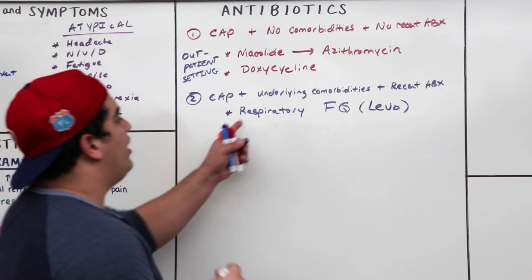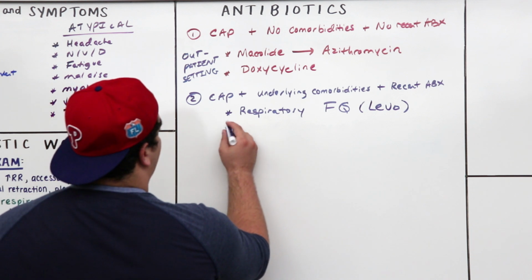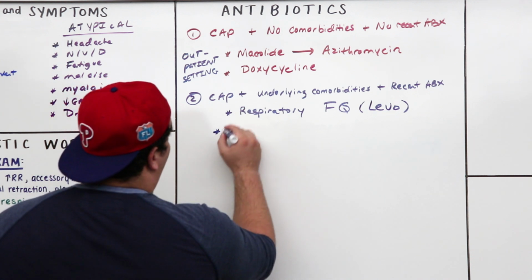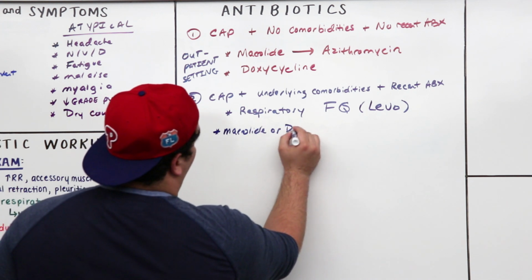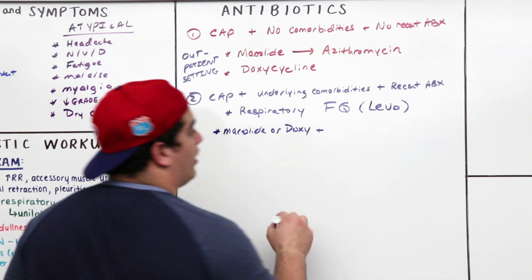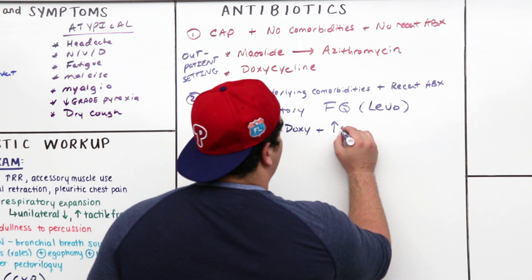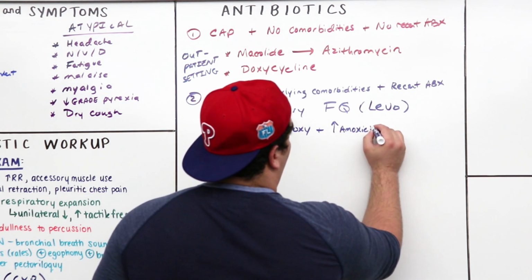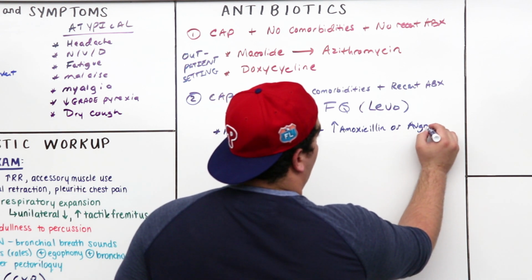All right, so if we didn't give a respiratory fluoroquinolone, we could still do this. We could still give a macrolide. So for example, let's say that I give a macrolide or I give doxycycline. If I give one of these two, I have to give it with, I have three options, okay? One is I could do high dose amoxicillin or Augmentin.